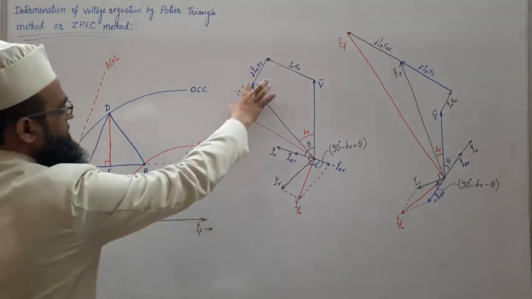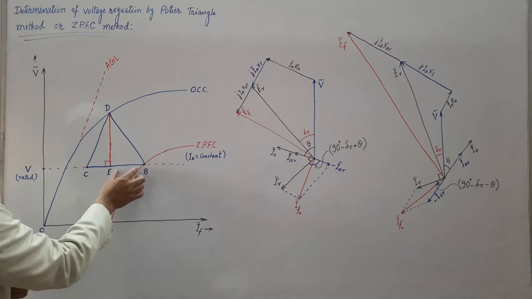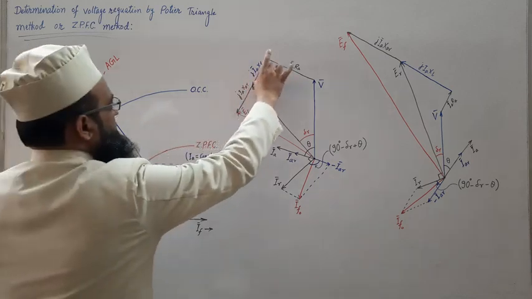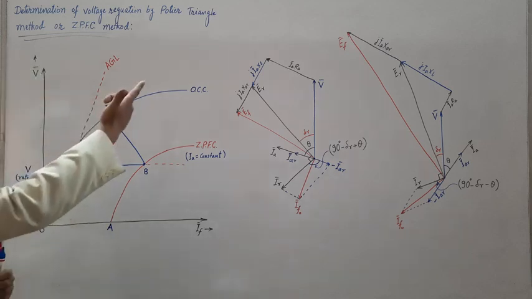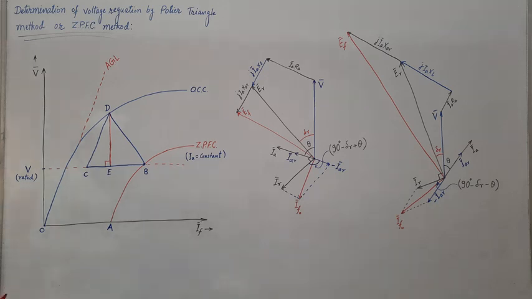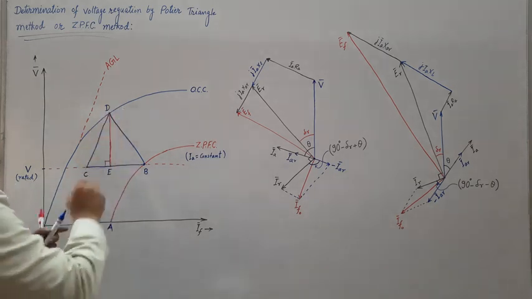Fine. Corresponding to the armature reaction drop, the field current required to overcome it is BE, whereas corresponding to the leakage reactance drop, the field current required is CE.